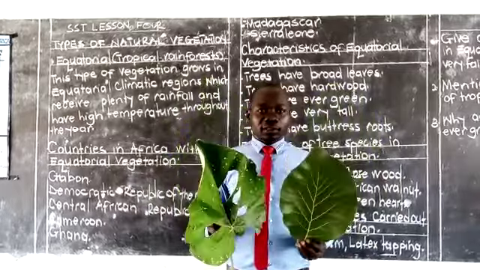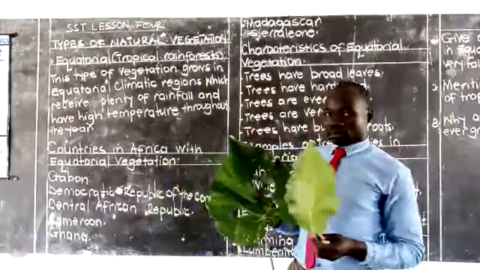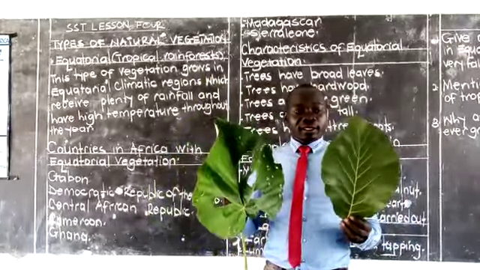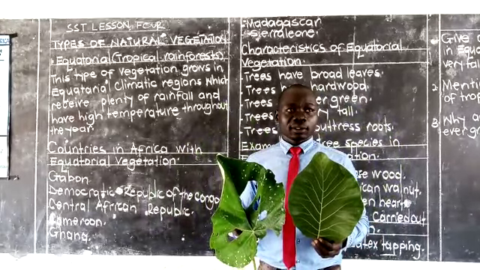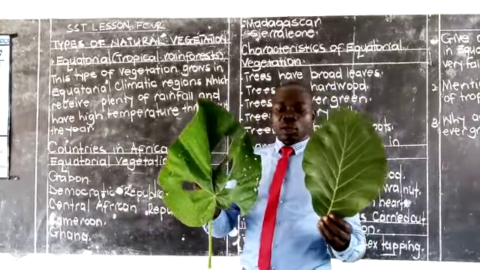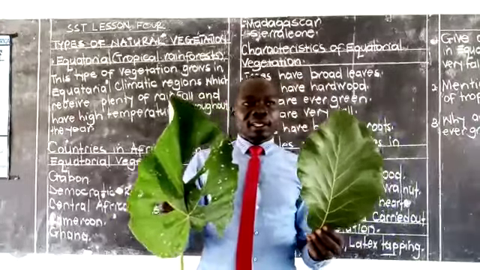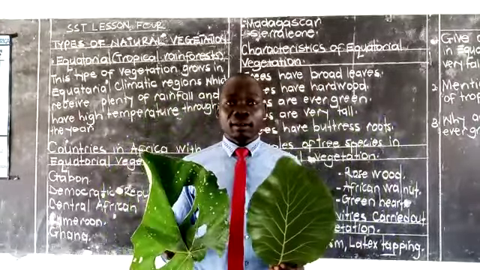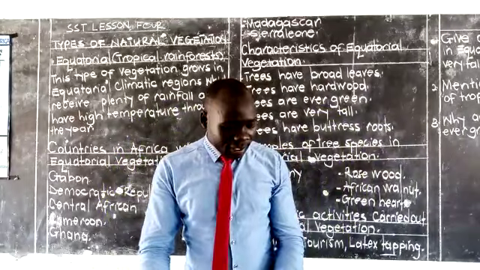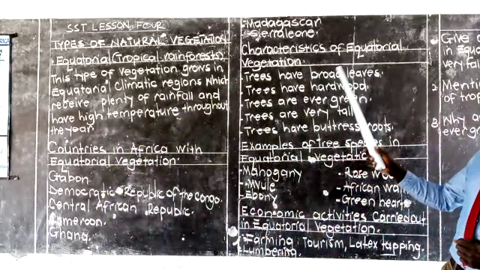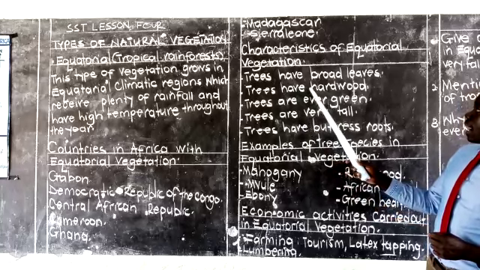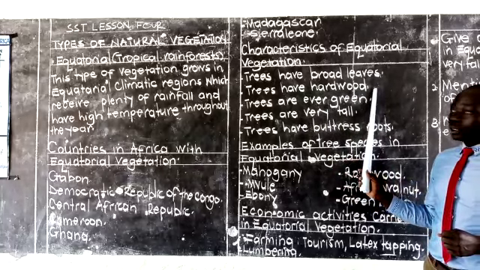These broad leaves help them to increase the rate of transpiration. So there is no need for them to store water since the area receives plenty of rainfall. So the second characteristic of equatorial or tropical rainforest is that trees have hard wood.